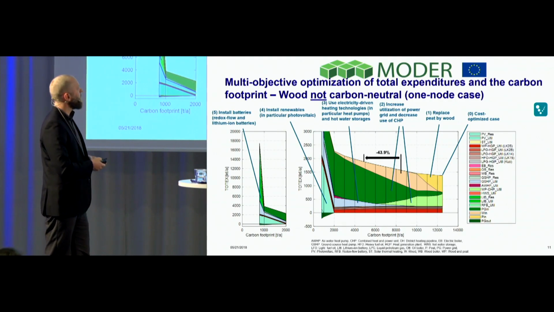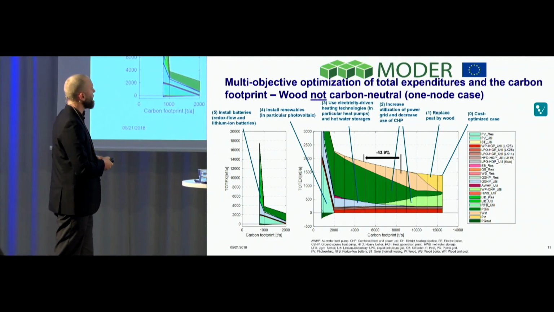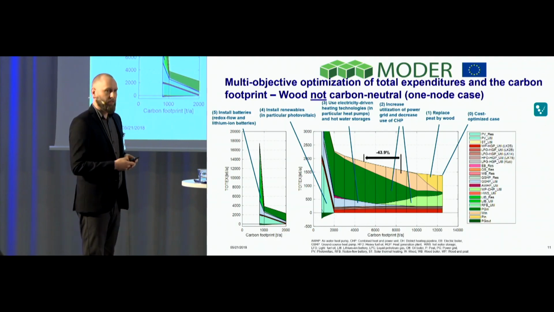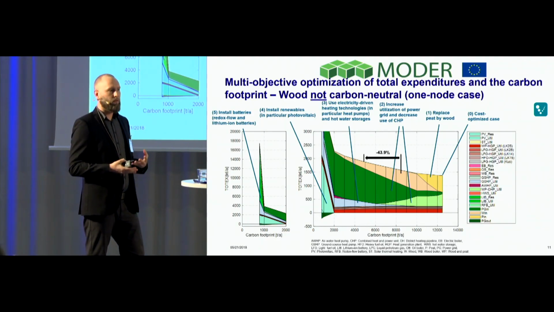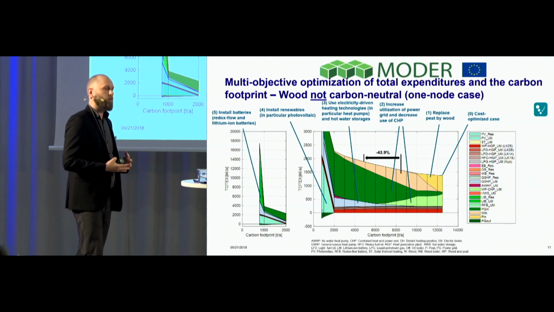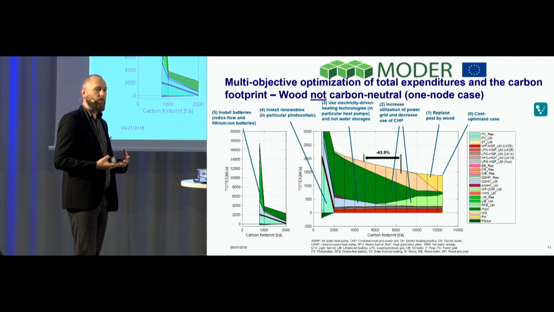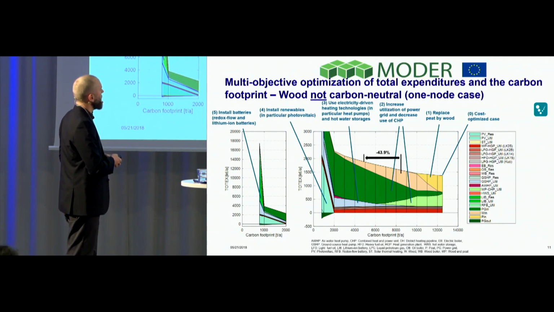And I think the most important, or interesting thing here is that normally, for example, cities make strategies for how much they want to reduce their carbon footprint. So let's say for year 20-something, 20%, and then 20-something after that it's 50%. But here it is important to notice that if you are somewhere here and you invest in CHP, your first step is somewhere here, but then your next step is somewhere here.